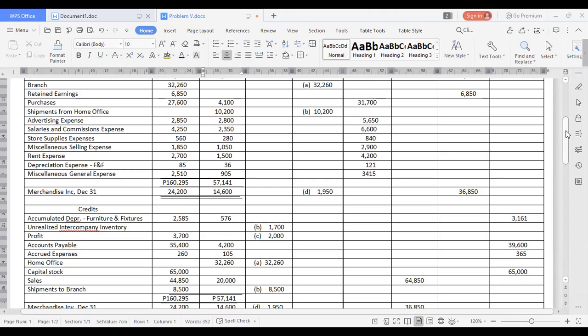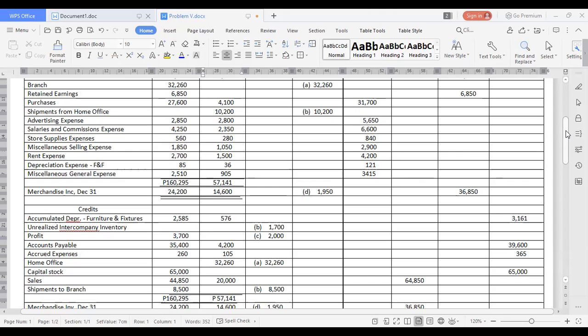Entry B now eliminates shipments from home office, shipments to branch, and unrealized intercompany inventory profit.